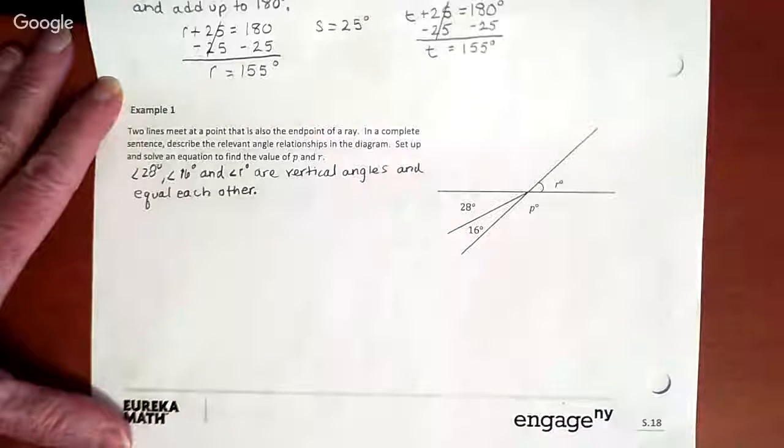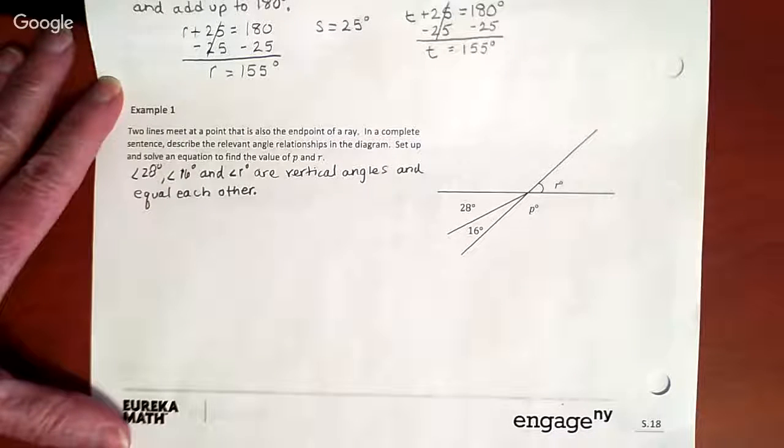And I'm sorry, I should have read the question. Two lines meet at a point that is also the end point of a ray. In a complete sentence, describe the relevant angle relationships in the diagram. Set up and solve an equation to find the value of P and R.